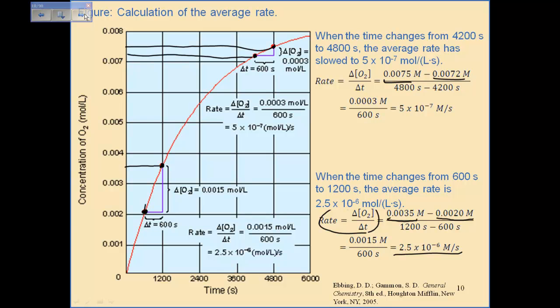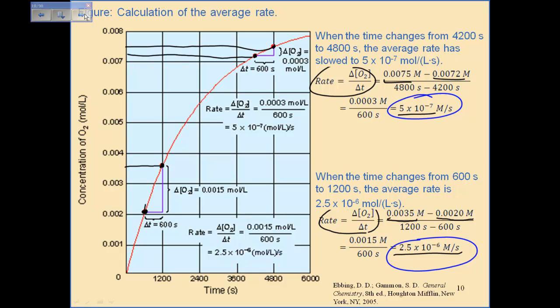If we do our rate, change in concentration of O2 over change in time, we'll get 0.0075 molarity minus 0.0072 divided by 4800 minus 4200, which comes to 5 times 10 to the minus 7 molarity per second. So the question is, are these two rates equivalent? And the answer is no, they're not the same number.